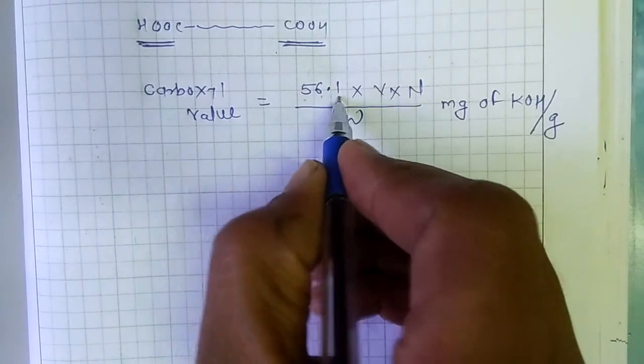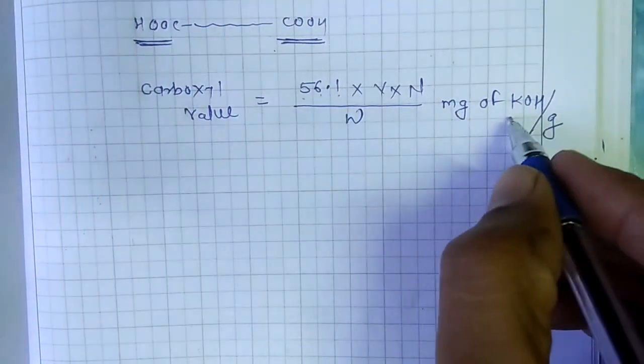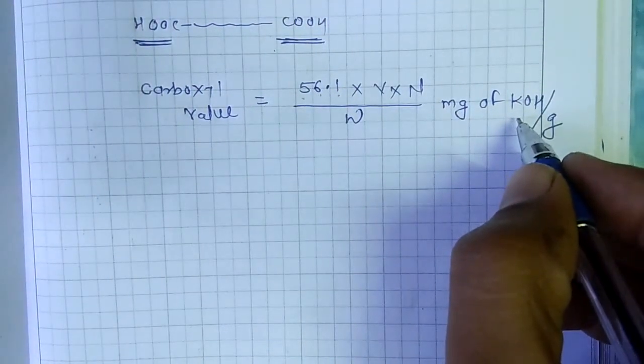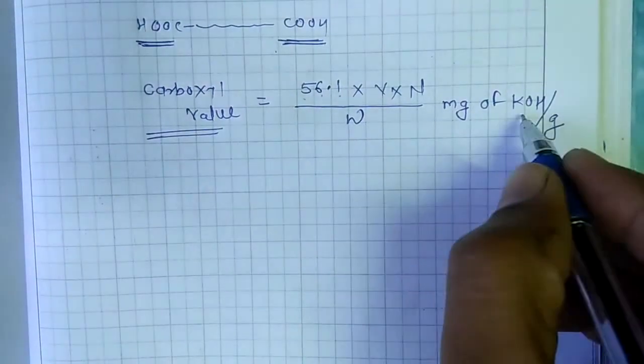Here 56.1 comes because we are expressing this carboxyl value in KOH.